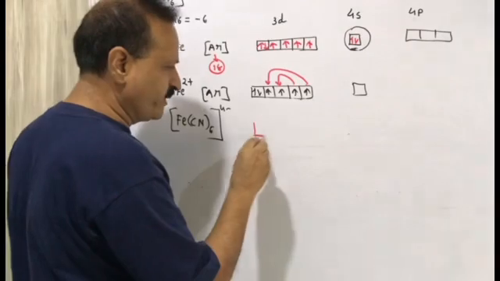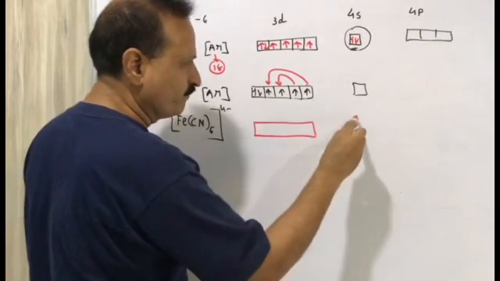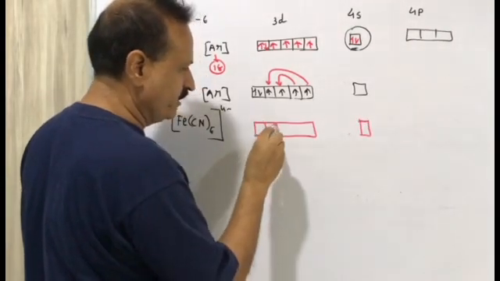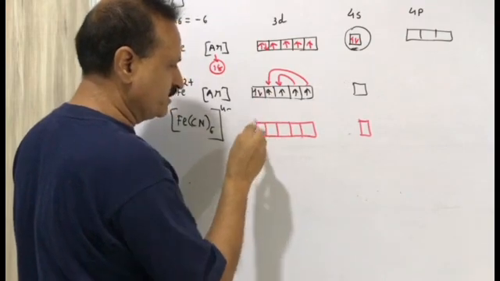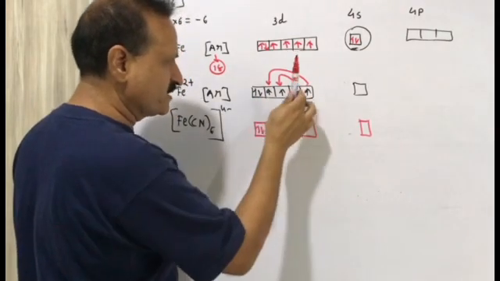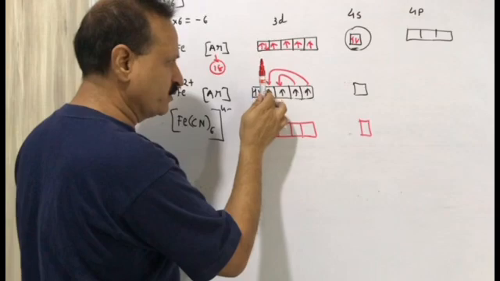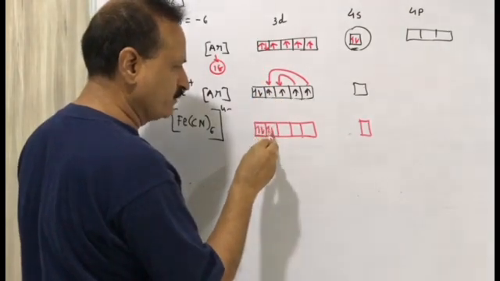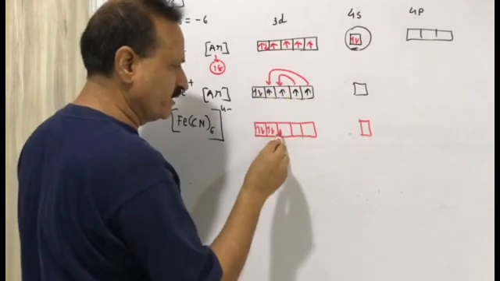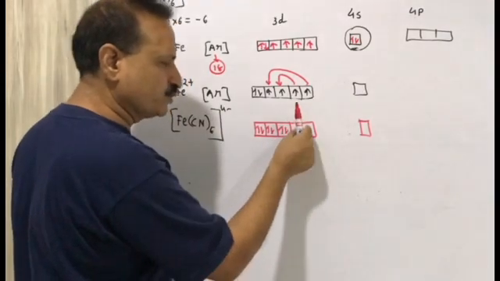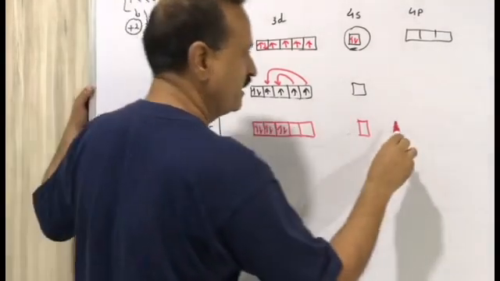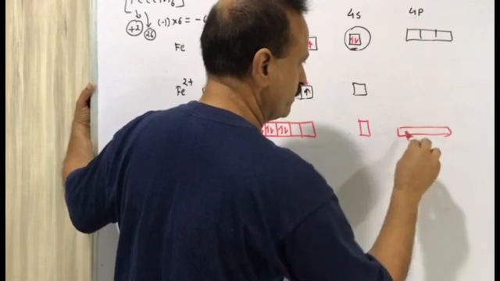So in the rearrangement of d orbitals, this electron pair stays as it is. This electron transfers over here, so here will be 2 electrons. This electron transfers over here, so here will be 2 electrons. These 2 d orbitals will become vacant, and as it is we have the p orbitals.